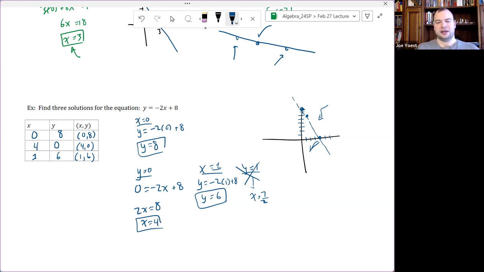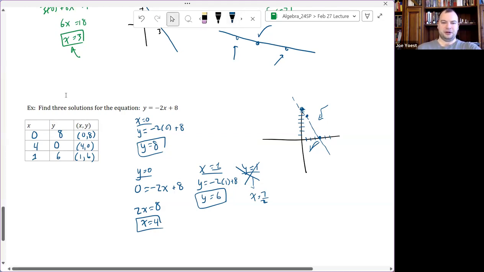I don't want to try to plot that point on WebAssign's graphing tool. That's going to be annoying. And that's equally true with plotting it by hand on a piece of paper. That's just going to be a hassle. So I want to engineer things a little bit. I want to think ahead and say, okay, what choice for either x or y is going to give me a pretty nice ordered pair? Maybe whole numbers, integers, something like that for my third point.